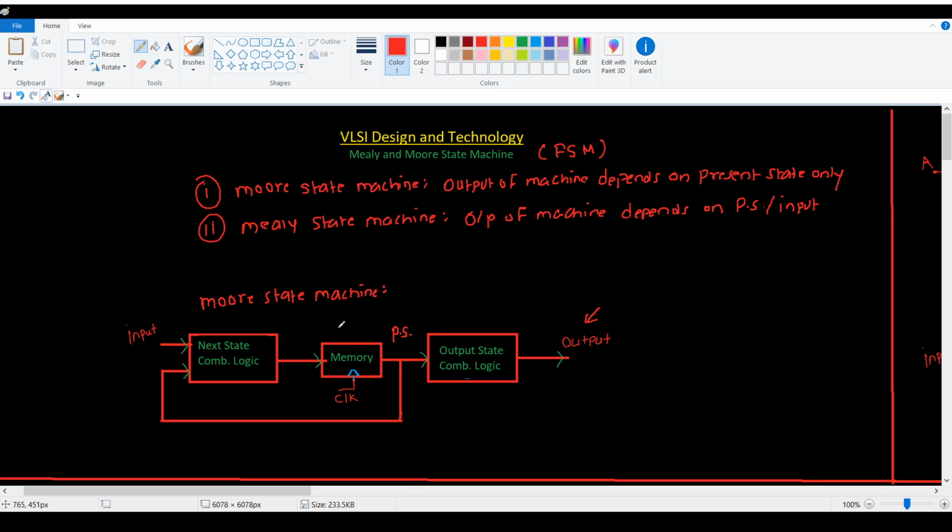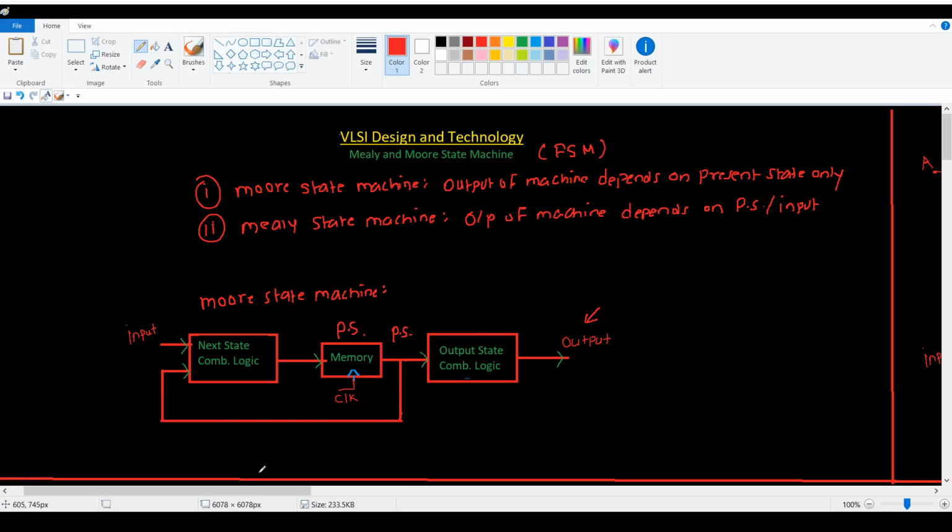This memory holds the present state. So this output is not directly dependent on input. So I can say this machine is a Moore state machine. In Moore state machine, we use three elements: next state combinational logic, memory element, and output state combinational logic. So these three elements we use in Moore state machine.